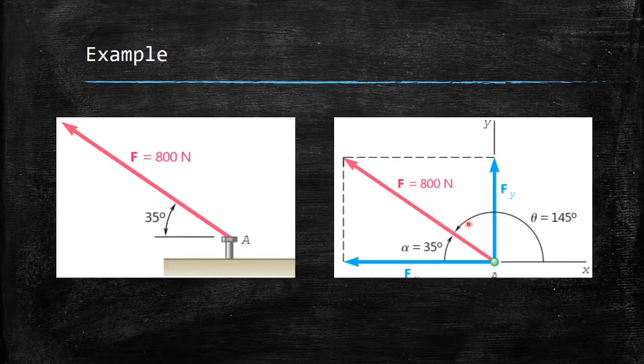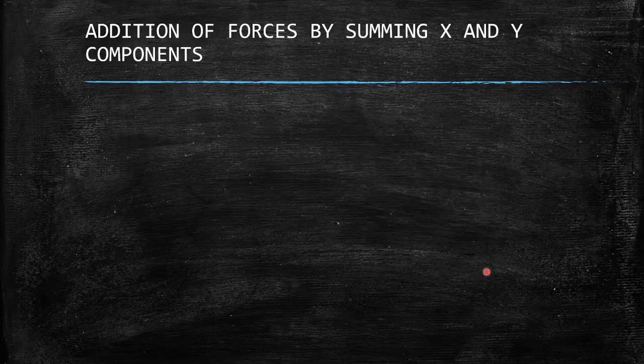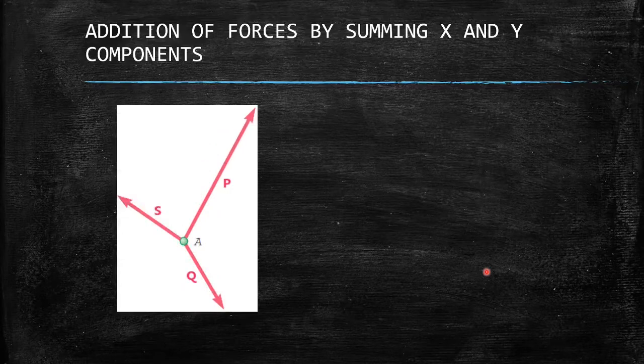The interesting thing to be noted is that if you take the angle with respect to the positive x-axis and measured in the counterclockwise direction, your chances of making a mistake in finding the x and the y components reduce a lot. Next comes the important thing, that is, how can we find the resultant of multiple forces with the help of the x and the y components.